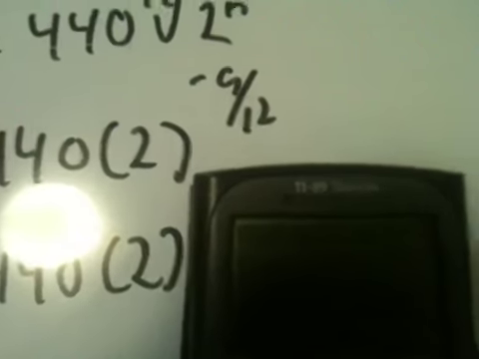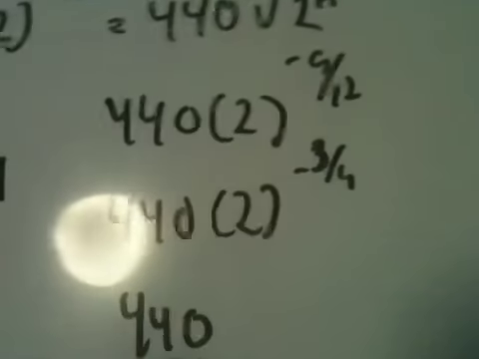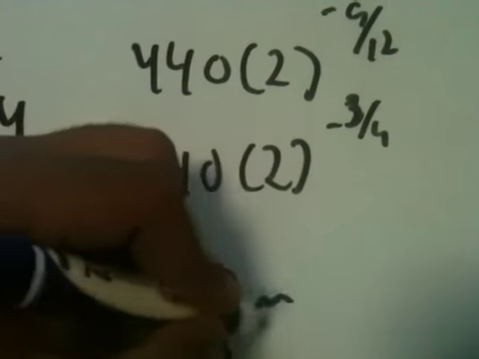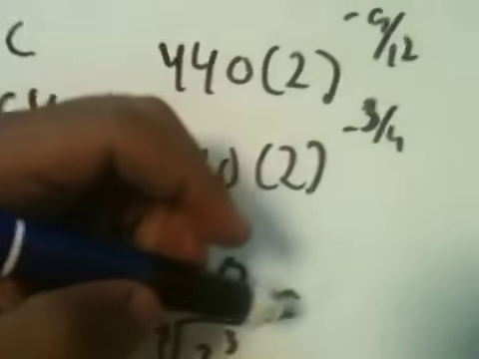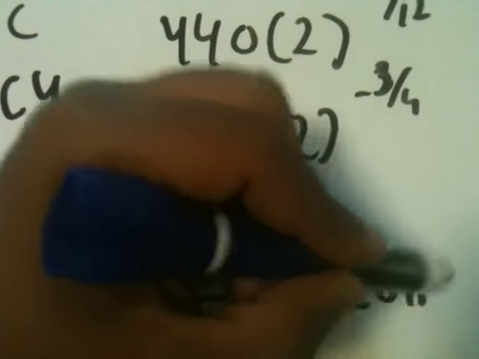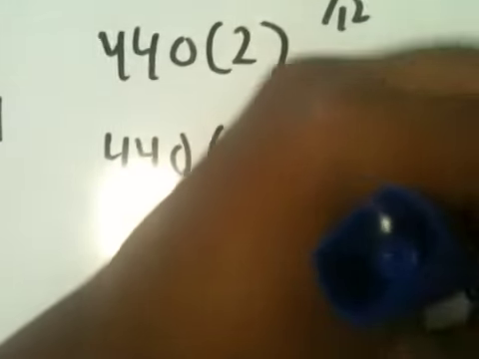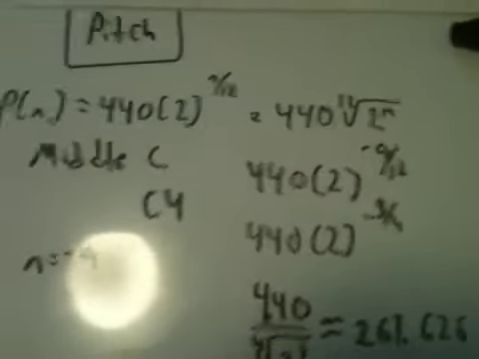To the minus 9/12, it approximately equals 261.626 hertz, which agrees with the middle C article on Wikipedia. So that's 261.626 hertz. And that's all there is to finding a note's pitch.